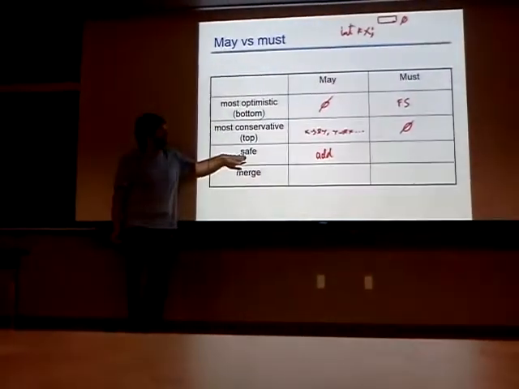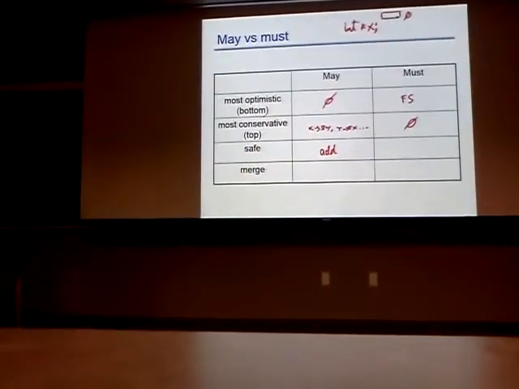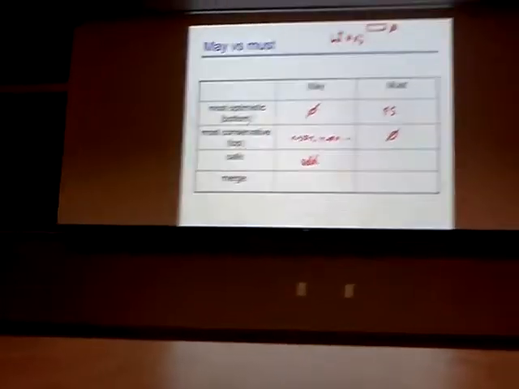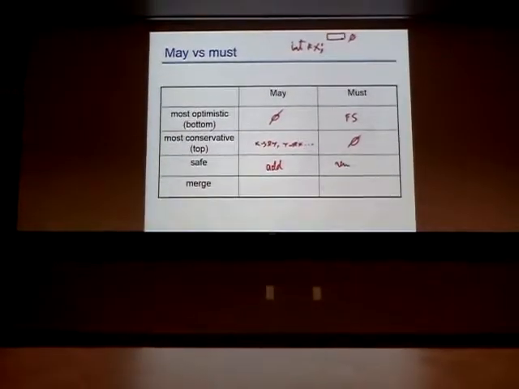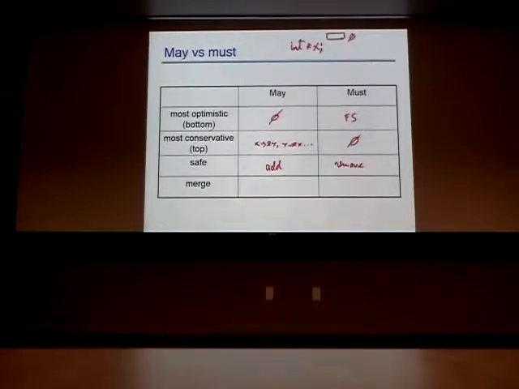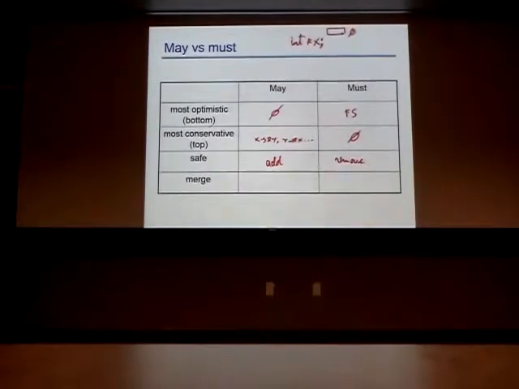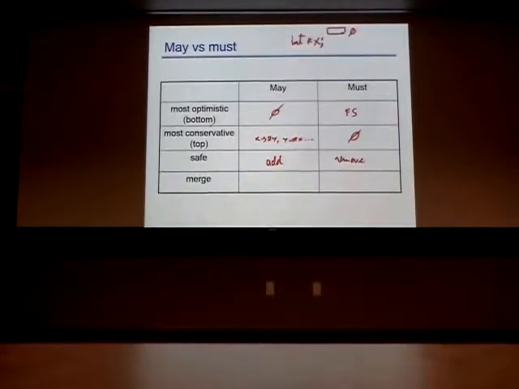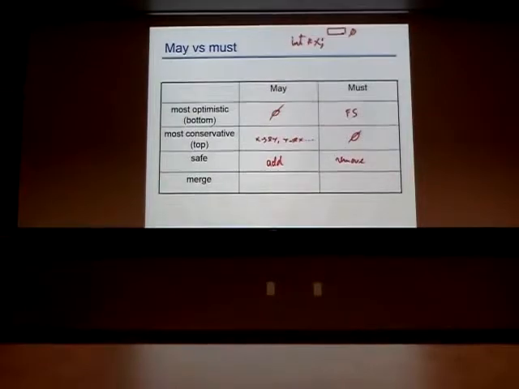What about must? In a must-point-to analysis, what happens? It's always safe to remove information. I'm just forgetting facts that I knew. I knew this fact, and I just choose to forget it. It's fine. The optimizer will have less to do because it won't have as much information, but it's safe.